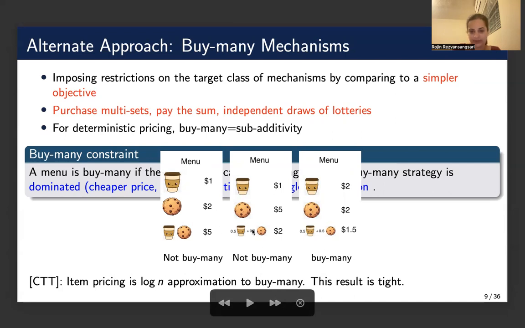The second menu is also not buy-many because if a buyer is interested in the cookie, then they could buy this lottery option twice, and in expectation, they're going to get the cookie and pay only $4 rather than the $5 here. This last menu is buy-many, and that's because with no combination of some of these options can we buy the third at a lower price and a better allocation.